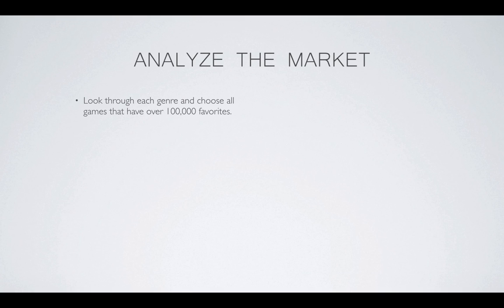Under Roblox.com, you go to games, then select the genre that you want to compare and sort it by top favorites of all time. That's important. And click on the games and record the number of favorites down to equal to or above 100,000.